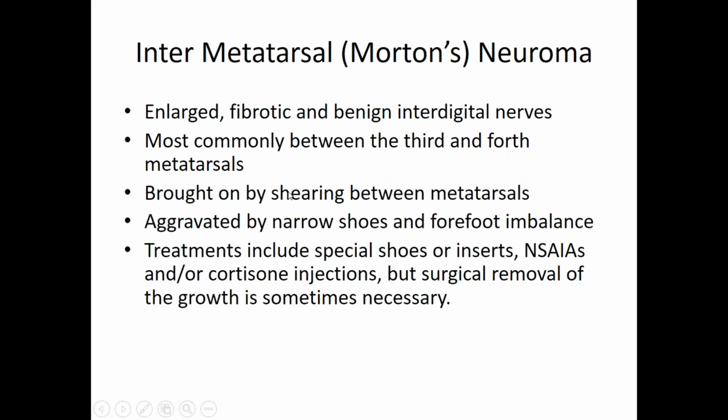What about the Morton's neuroma, which is an intermetatarsal neuroma, the nerve bundle that inflames? I've seen a lot of these from people in Texas, when we had a practice in Texas, from the cowboy boots with the pointed toes. These come from shearing forces between the metatarsals, aggravated by narrow shoes and forefoot imbalance.